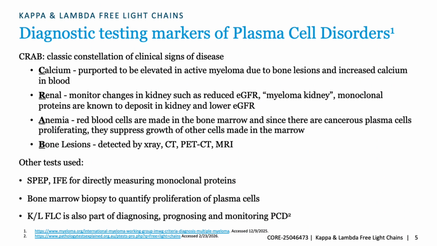You're running the serum on like a Western blot, and you see a spike, what's called an M spike or a monoclonal spike. So that will tell you that there's an increase in these, based on molecular weight, these free light chains. It doesn't tell you whether it's free Kappa or free Lambda. So it's non-specific, but you have this M spike, and you can also use immunofixation.